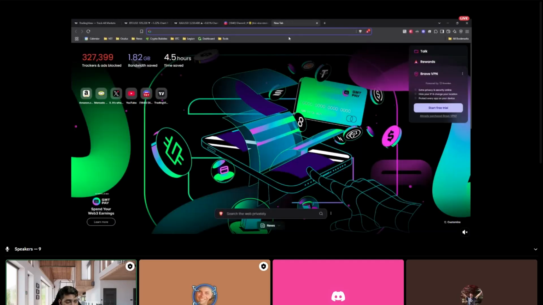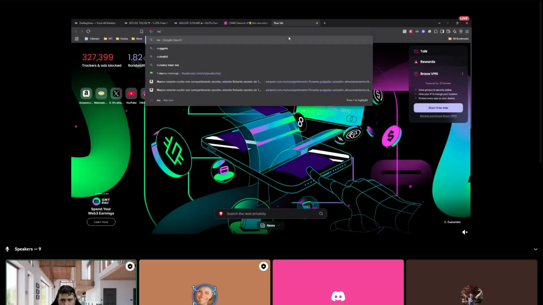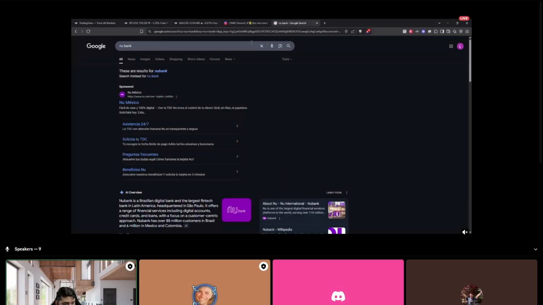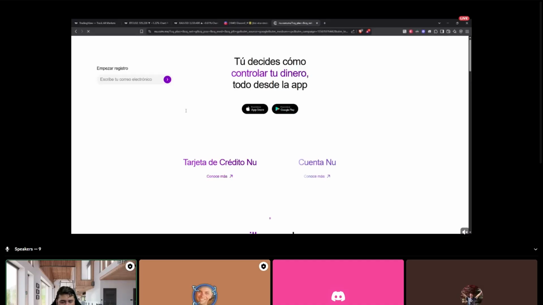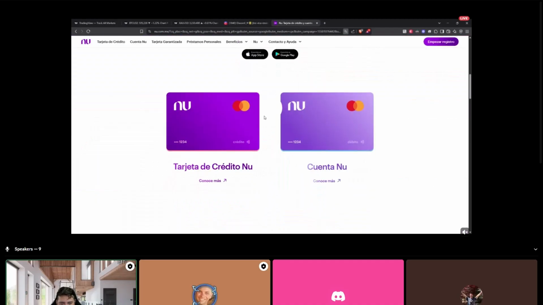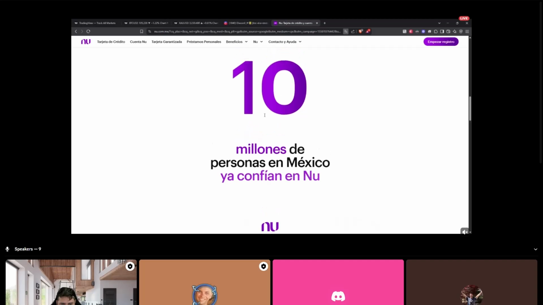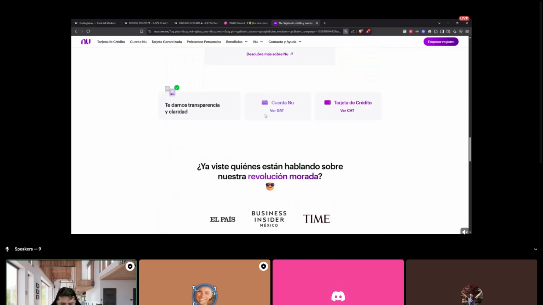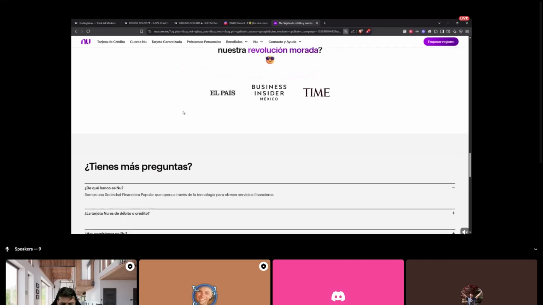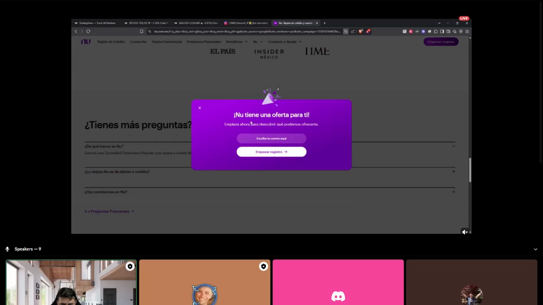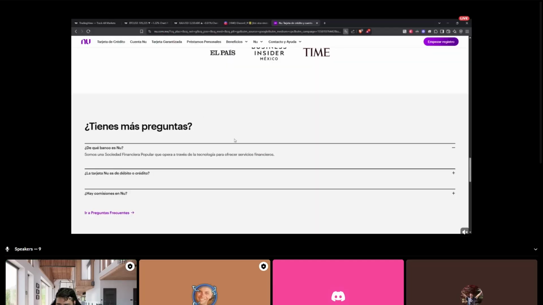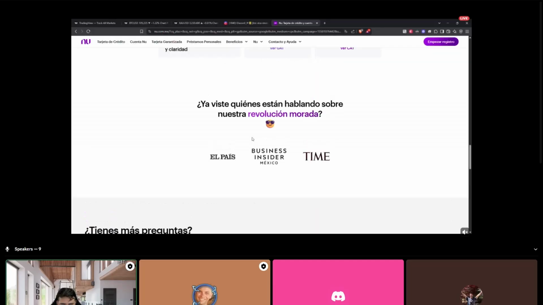Not sure what you may have where you guys are. Right here in Mexico, we have something called Nu Bank, a new bank like that. I know this is exclusive to Latin America, and the important part is that they're giving you up to 15% annualized return.